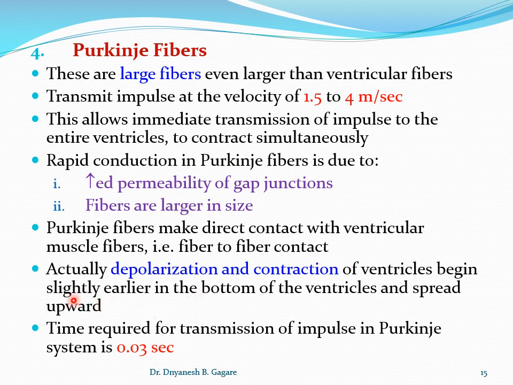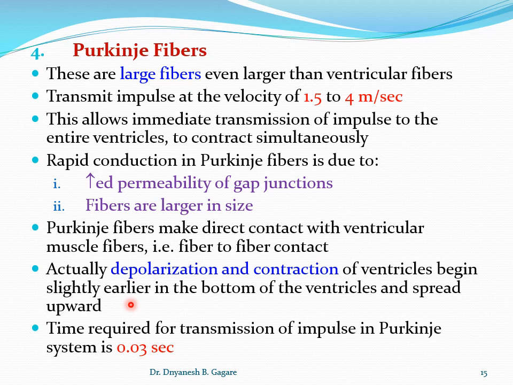Okay, up to this point we discussed how the impulse is conducted in the Purkinje fibers, and it reached the ventricular fiber. Now if you see in the ventricle, actual depolarization and the contraction of the ventricle begins slightly earlier at the bottom of the ventricle and spreads upward.